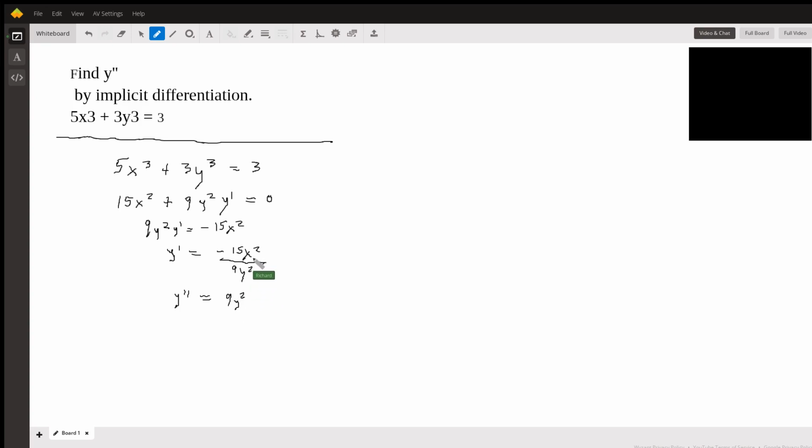Denominator times the derivative of the numerator, which would be negative 30x, minus the numerator times the derivative of the denominator, all over the denominator squared.